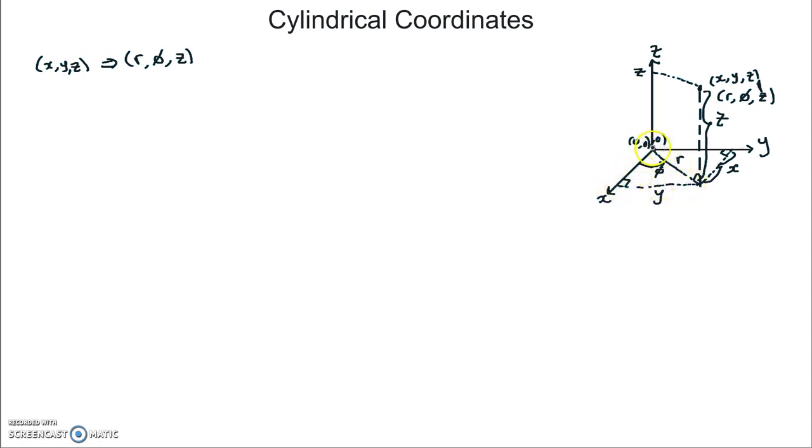The distance from the origin to this point here, well, that's the x coordinate. So let's draw this triangle here outside. So we have a right angle triangle. This side here, y, corresponds to this side. This side here is this side here, which is x. And then r is the hypotenuse. So the relation between x and y is r equals the square root of x squared plus y squared.